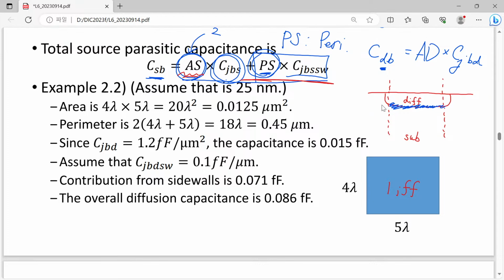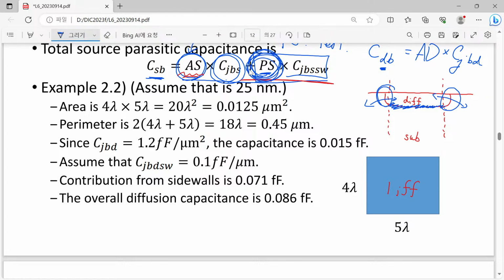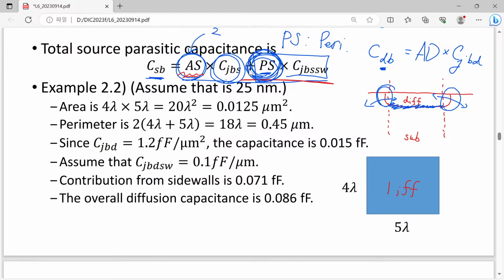However, you can also see there is, although not that high compared with this main body, a certain part connecting diffusion and substrate through the side direction, not this vertical direction, but lateral direction. We have also still connectivity that is described by this perimeter dependent one. So that's the reason why we have two different dependencies for this capacitance.